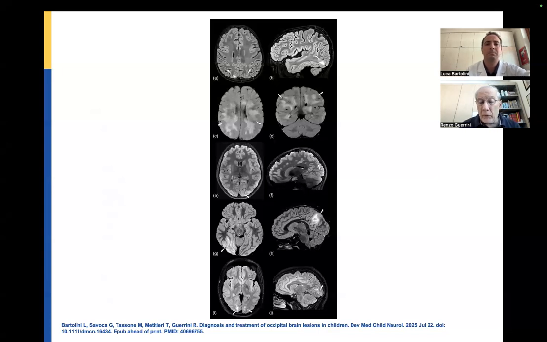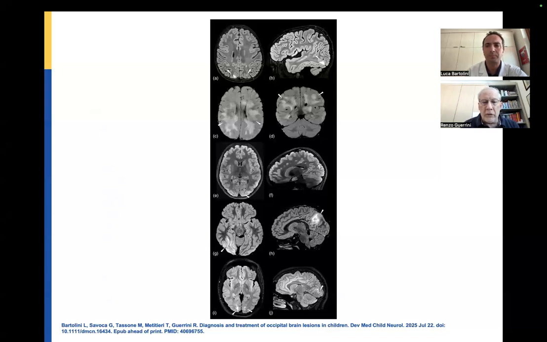Now, I must conclude by commenting that our interest in these conditions and the idea of gathering them together for a review came after the observations of these children coming into the clinic in a condition of agnosia with prosopagnosia, which is the difficulty in recognizing faces, in recognizing non-familiar environments.